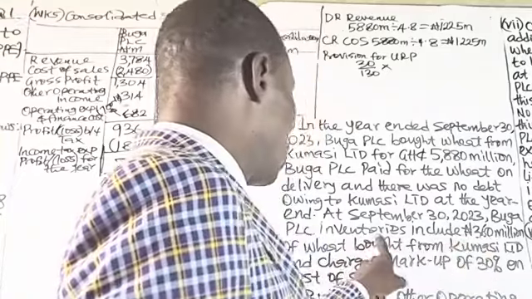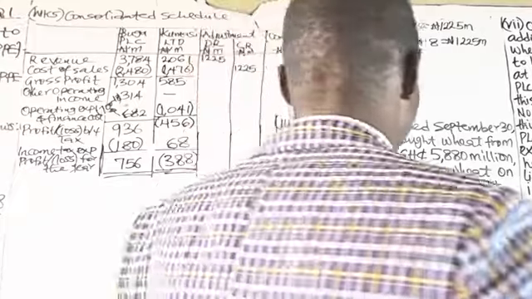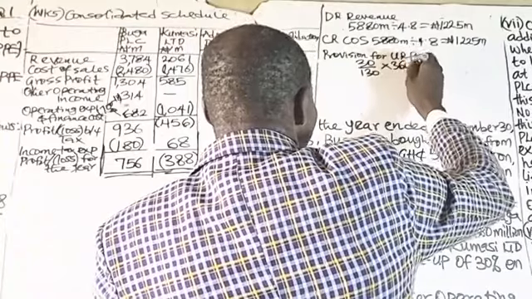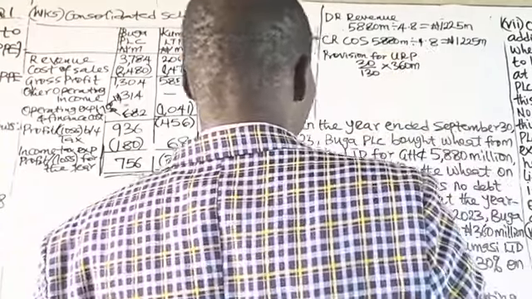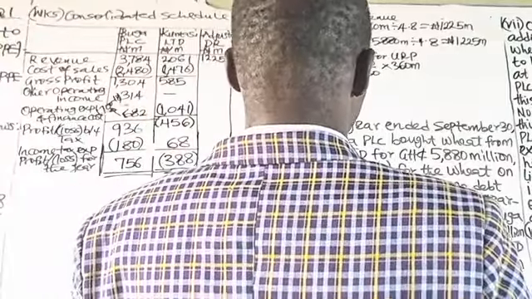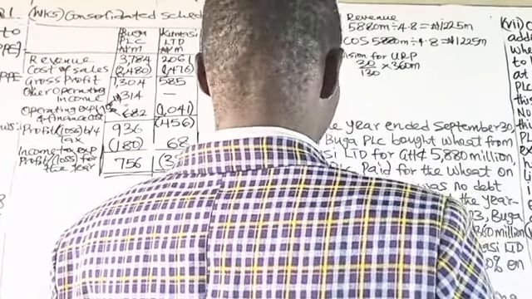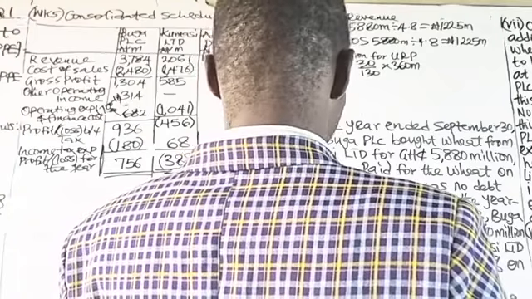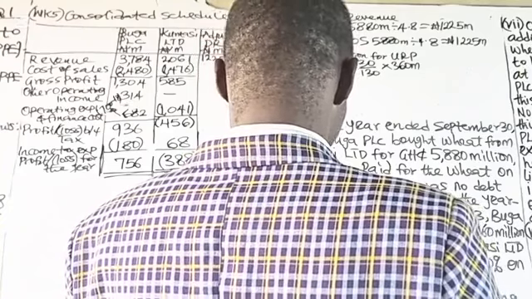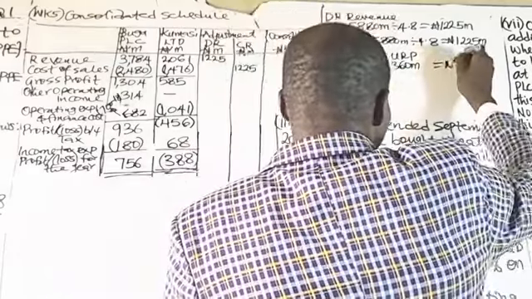Buga PLC inventories include 360 million of wheat bought from Kumasi Limited. So 30 over 130 times 360 million. 30 divided by 130 times 360. We have 83 million Naira. It's already in Naira.